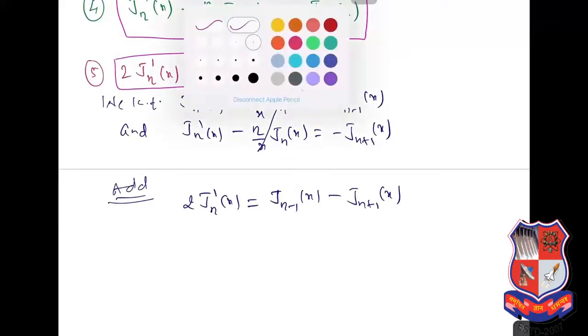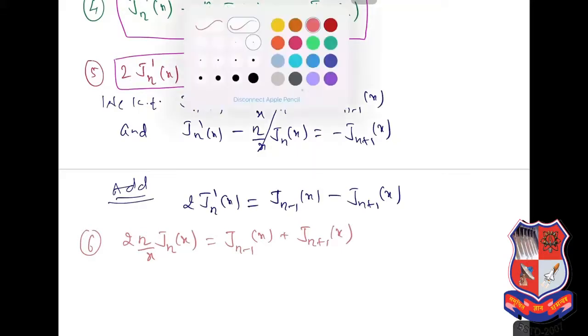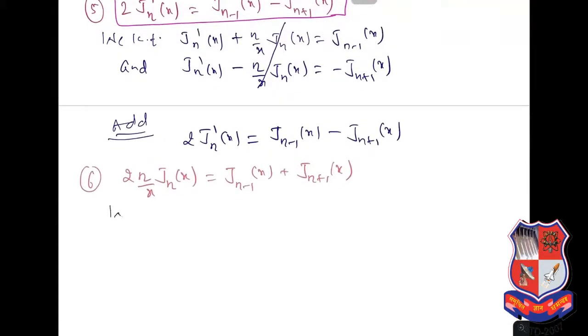And there is one more result that we are having, and it is nothing but two times n by x Jn x equal to Jn minus 1 x plus Jn plus 1 x. So this is also a simple result to prove.